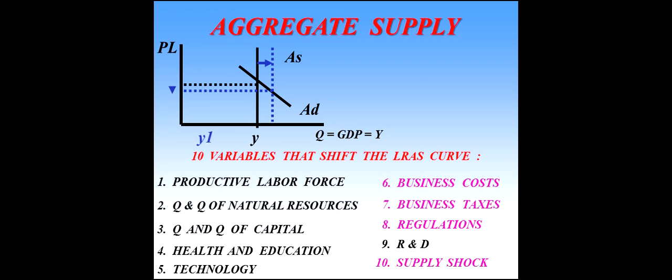And supply shock would certainly shift the curve to the left and reduce the amount of raw materials, let's say, to be able to produce the goods and services that the economy had been producing. So we have 10 variables that can shift the long-run aggregate supply curve over time.